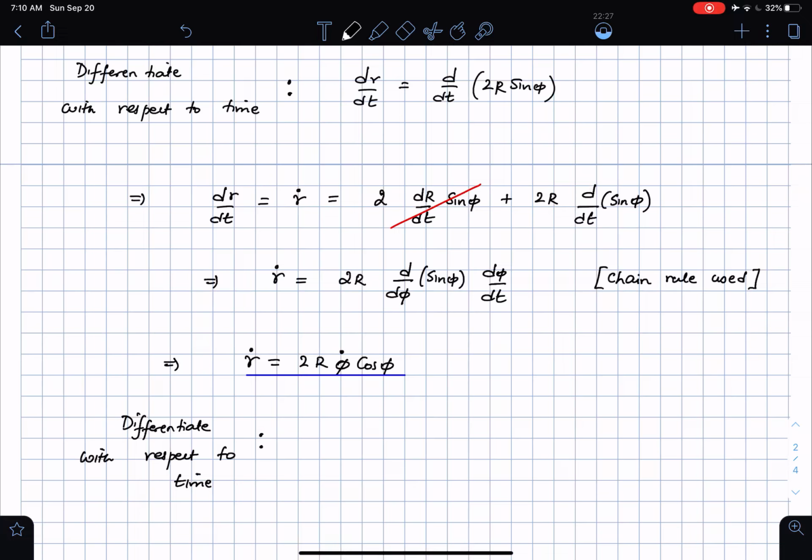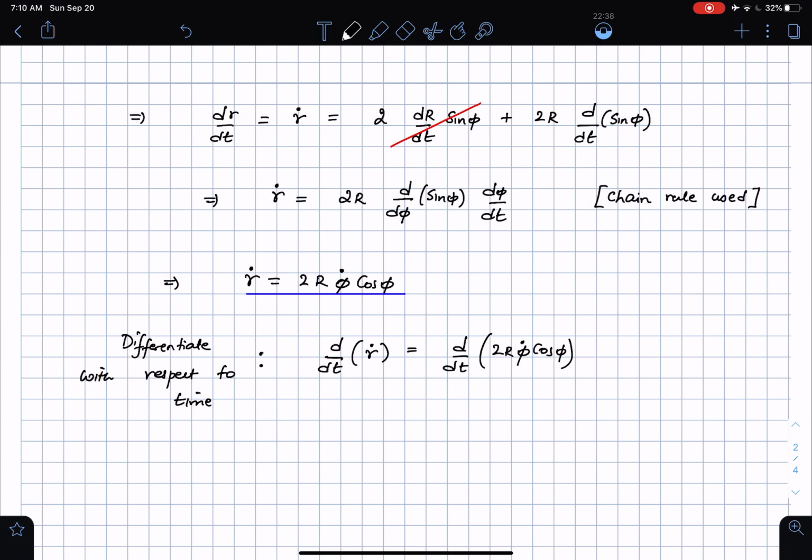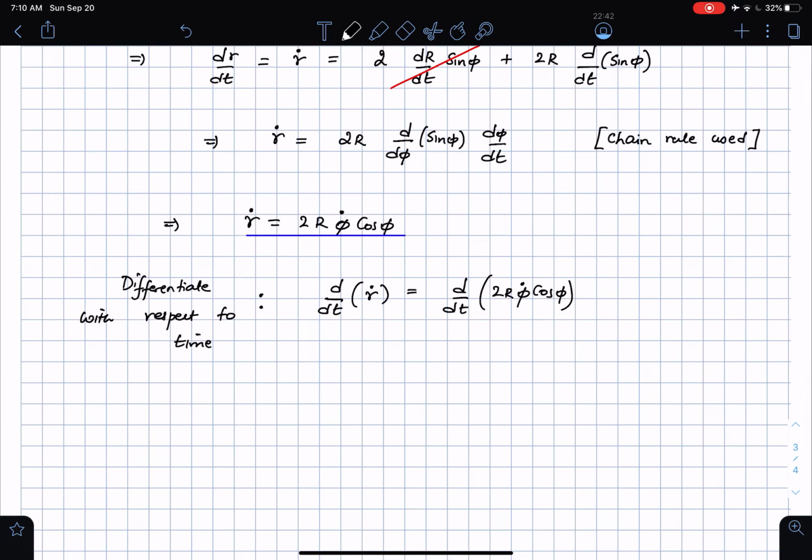I'm going to be getting d by dt of r dot is equal to d by dt of 2r phi dot cosine phi, and I'm doing this slowly step by step because some of you wanted me to go through some of these details. Okay, so here is what I get.